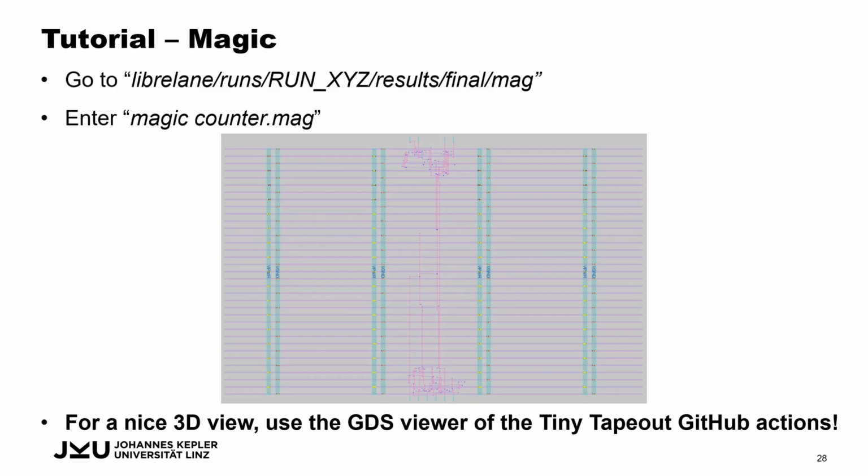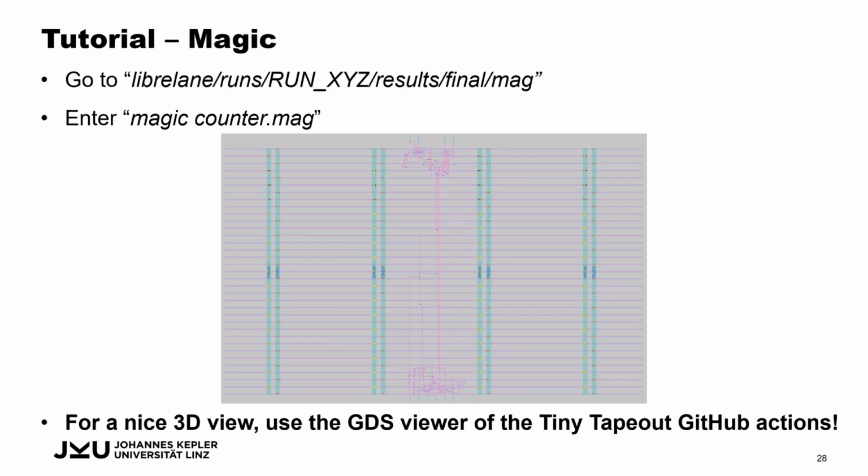And if we, for example, go to the mag folder and execute magic counter.mag, we get the layout for the 8-bit counter. And in this case, the layout is 160 times 100. This is set with the die area flag in the config.json, because one tile for Tiny Tapeout is 160 times 100 micrometers wide and long.